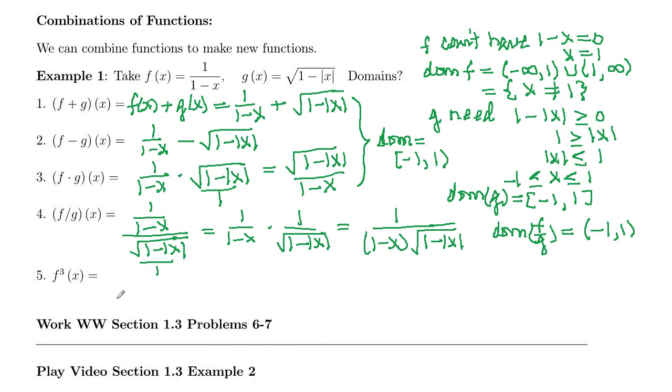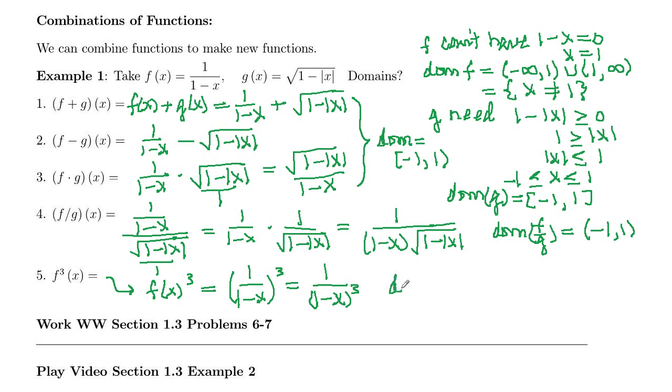And then f cubed of x is the same as f of x quantity cubed is what that means. So you're going to take our f of x, 1 over 1 minus x, and that guy gets cubed, which means take the 1 minus x in the denominator and cube it, because you cube the numerator and denominator, but 1 cubed is just 1, right?